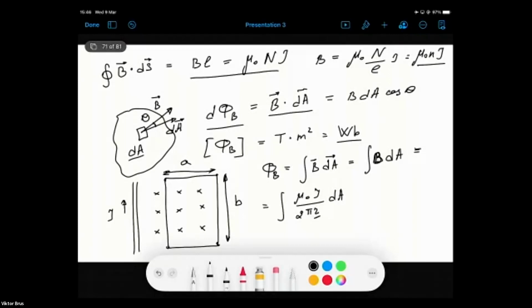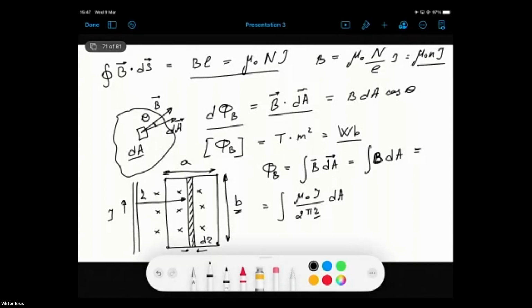So what we can do, let us consider such a strip at distance r with the width dr, and the length of this strip will be b.